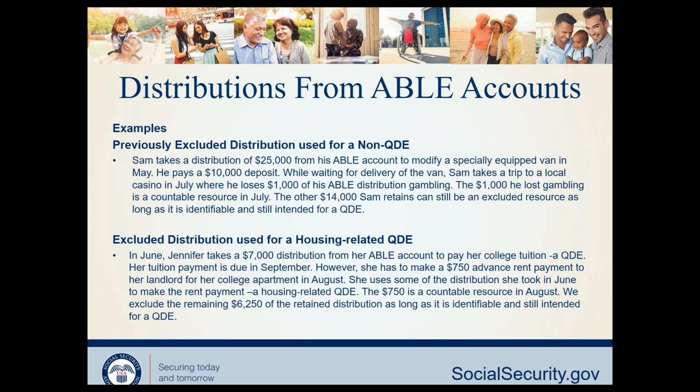He puts down a deposit, but part of that money he decides to go gambling. He may hit the Hard Rock Cafe, who knows, here in Florida. He played it big in the lottery and didn't win. So that $1,000, although it was identifiable, he spent it on something that wasn't a qualified disability expense, and so that would count as a resource in that month.